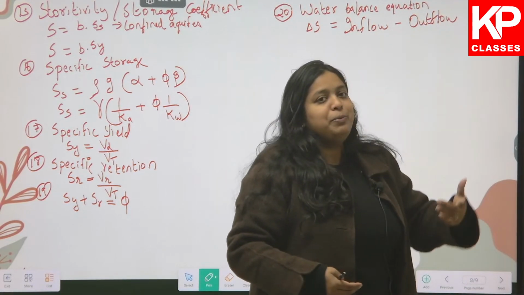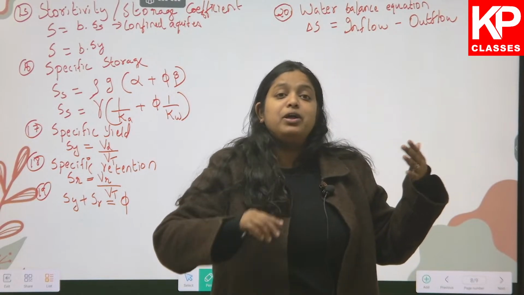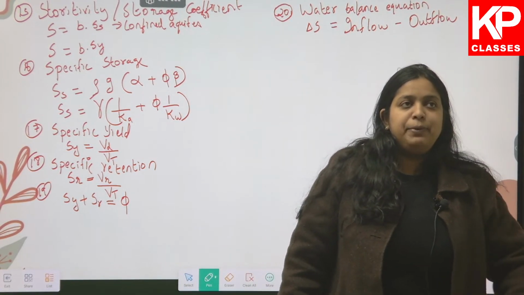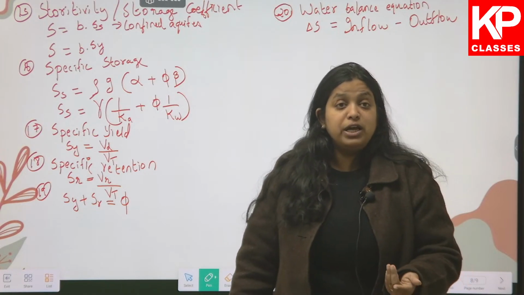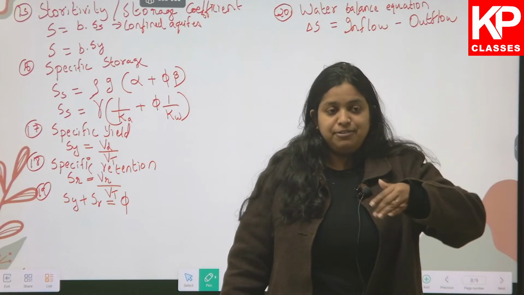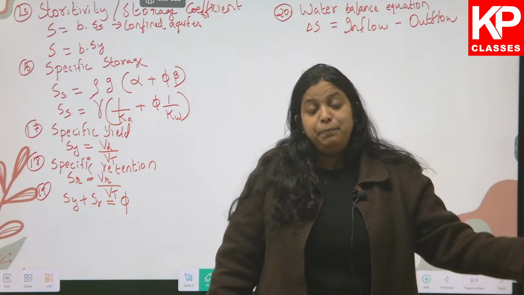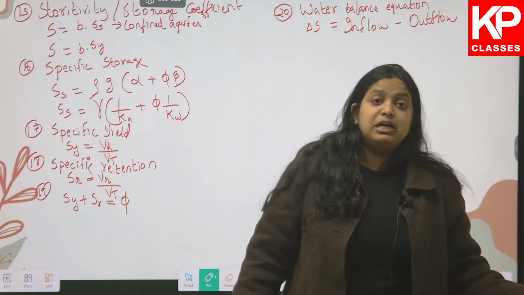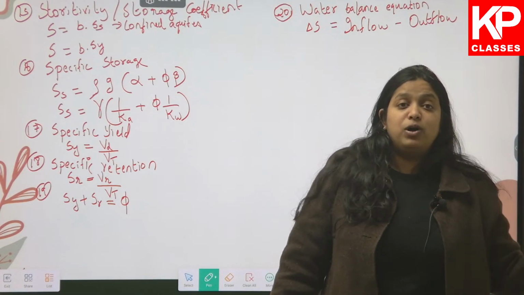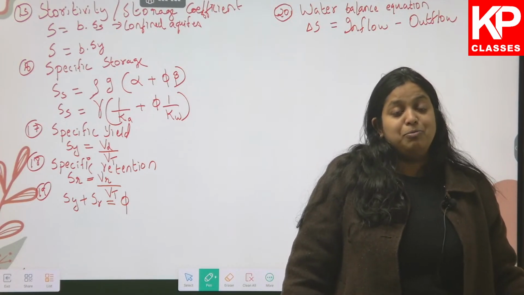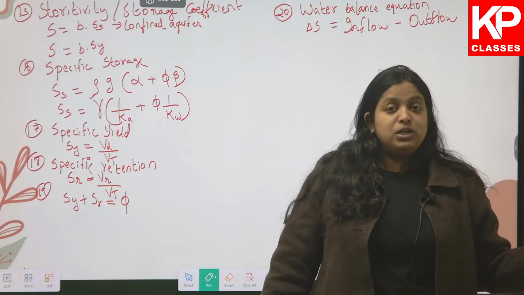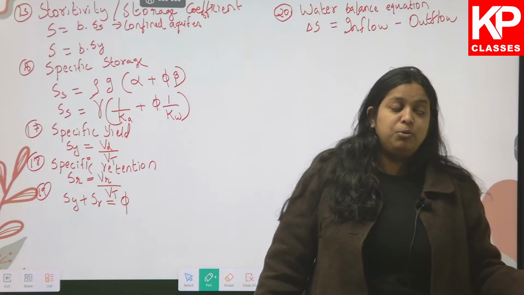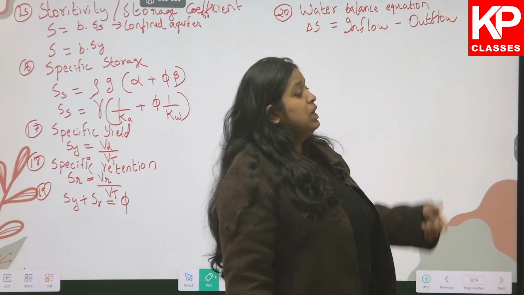Outflow is the amount of water taken from the system. It can be evaporation, transpiration, groundwater outflow, or surface outflow from the lake, or anthropogenic outflow, like pumping out water from the lake for household or industrial purposes. All these are added to the outflow.